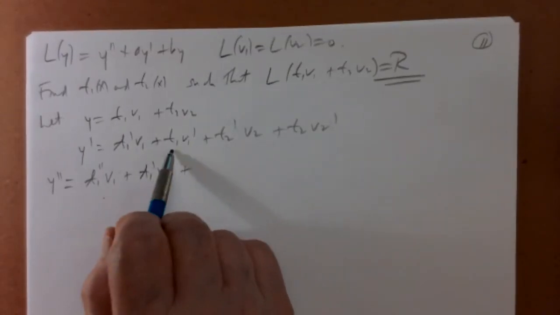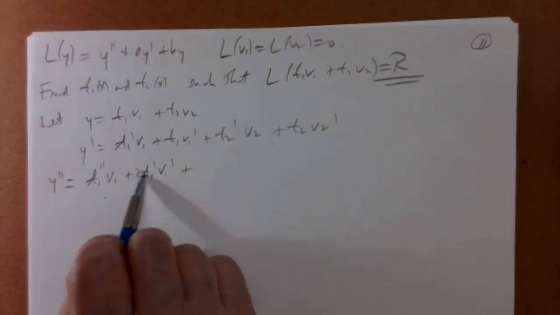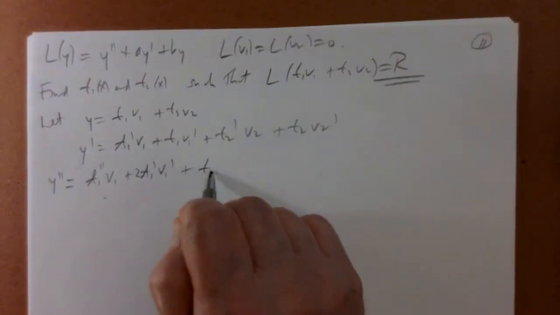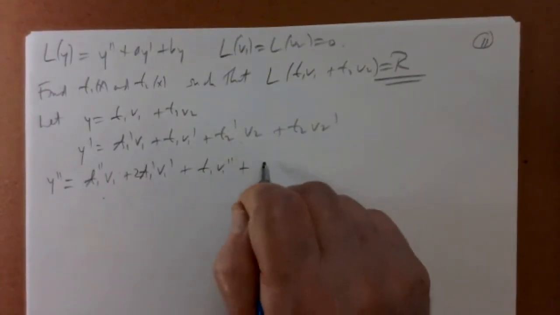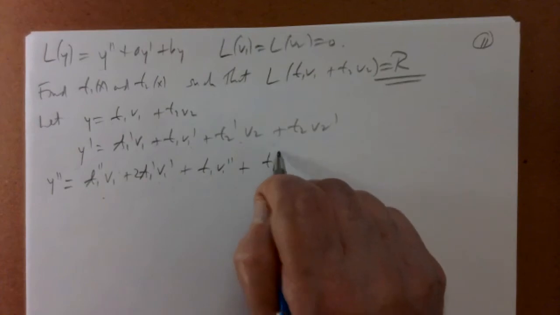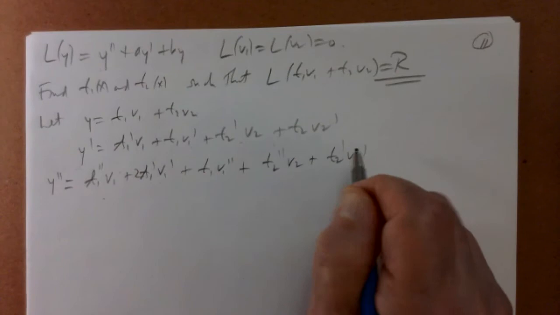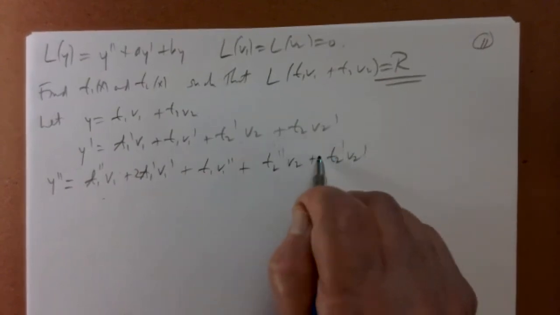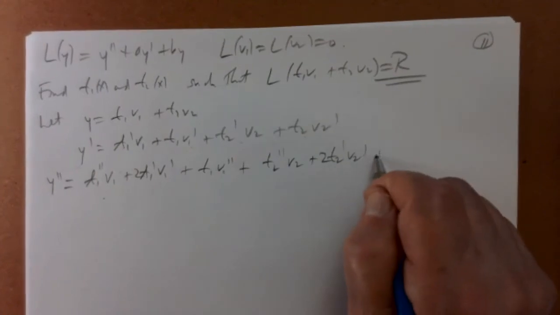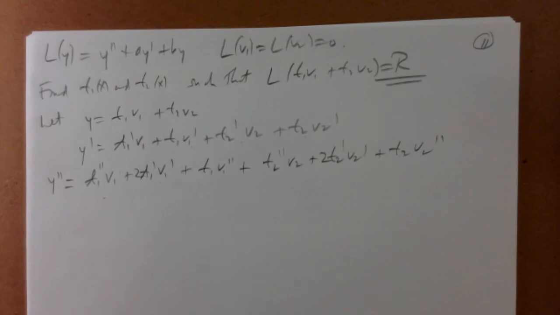We differentiate this, we get t1' v1'. I already had 1, now I have 2, plus t1 v1''. I differentiate this, t2'' v2 plus t2' v2'. I differentiate this, I get another t2' v2', which makes that a 2, plus t2 v2''.